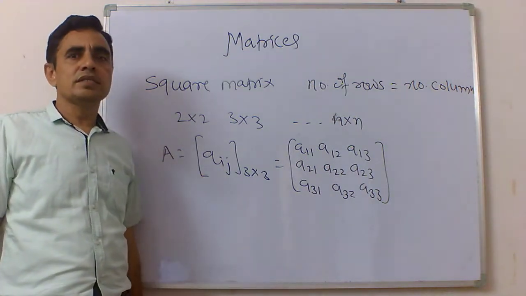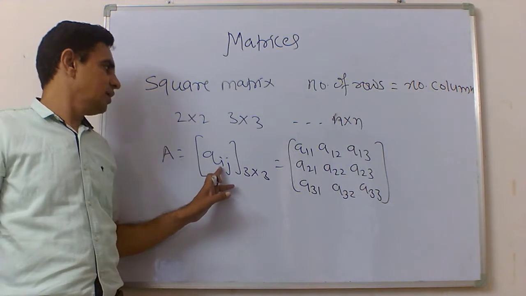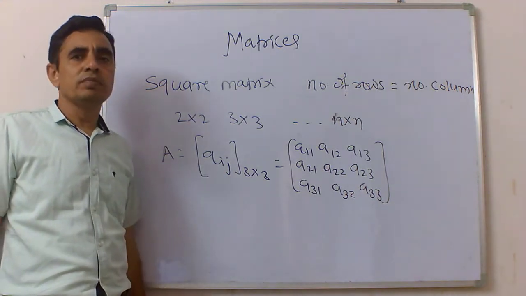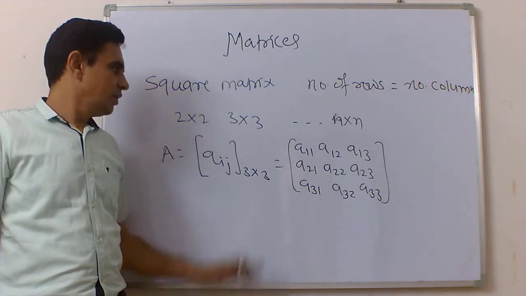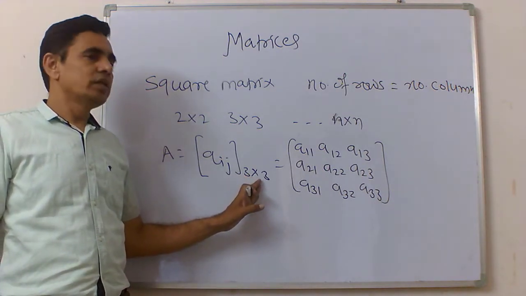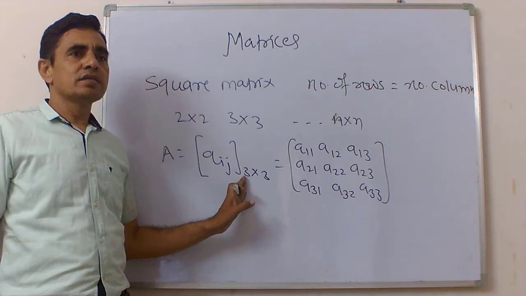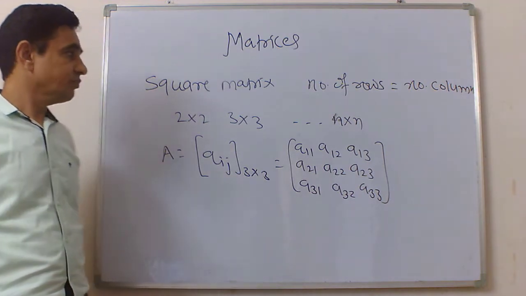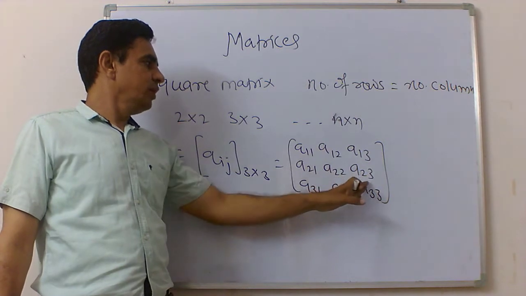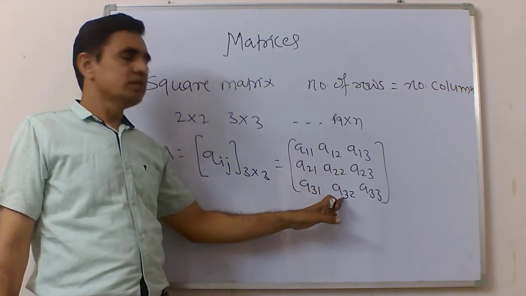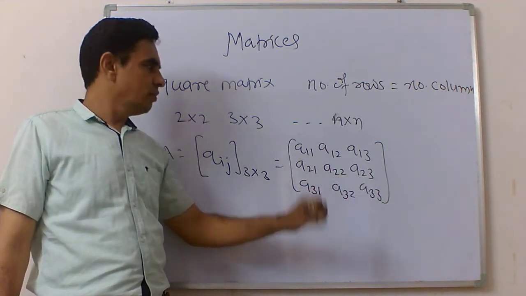Here the suffixes i and j: i represents the position of the element in a row, j represents the position of the element in a column. This matrix of order 3 by 3 has 3 rows and 3 columns. See here A11, A12, A22, A23, A32. Here this is the element from third row, second column.